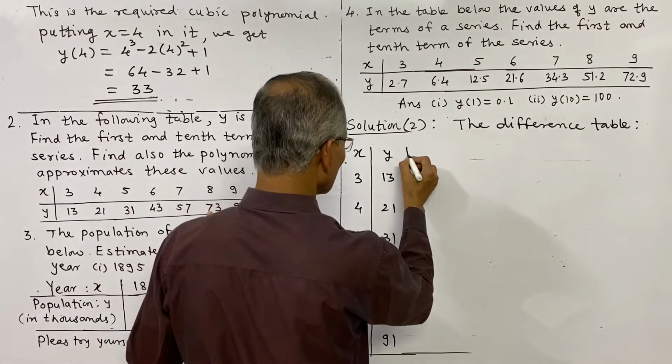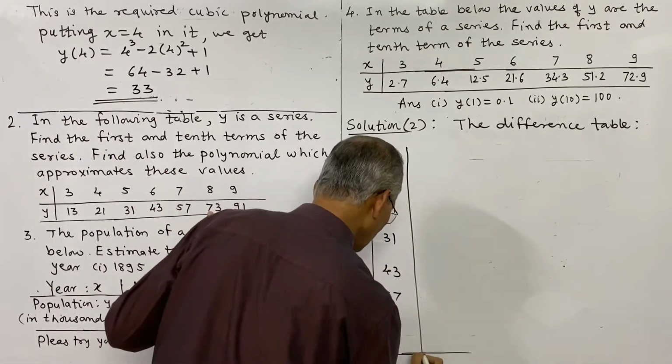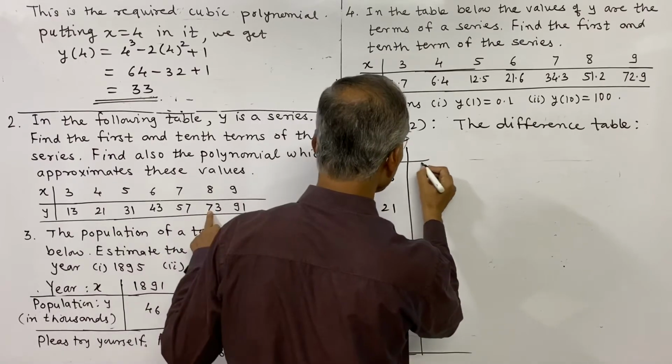Now we should consider delta. Here we shall obtain the forward difference table only.